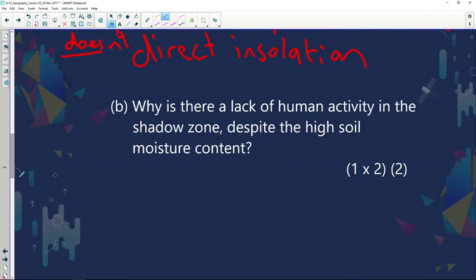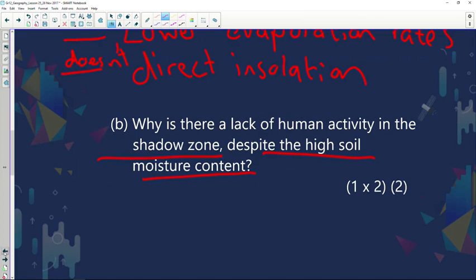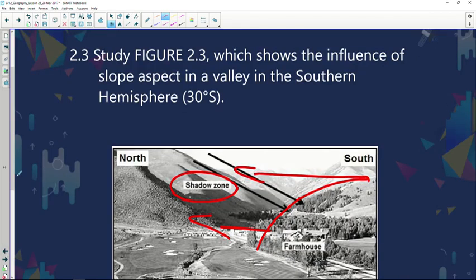Now, if we look at question B, why is there a lack of human activity in the shallow zone despite the high soil moisture content? If you compare the shallow zone to the north-facing slope, you can see that it's got a steeper gradient, and because it's got a higher moisture content, there's going to be more dampness being experienced, and definitely the shallow zone is going to experience cooler temperatures.